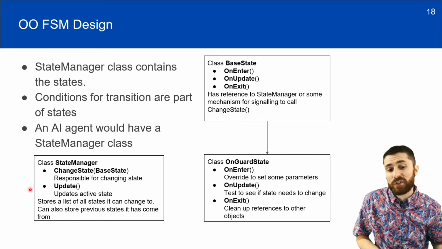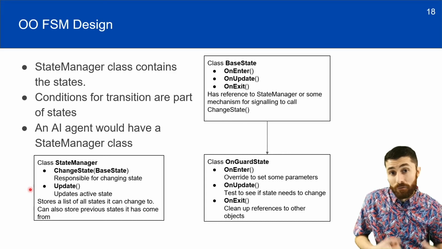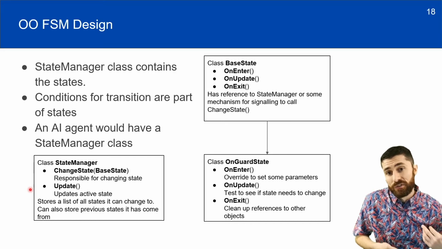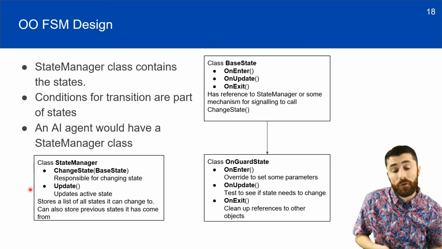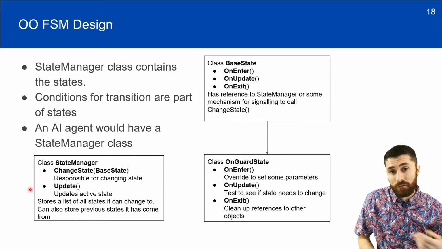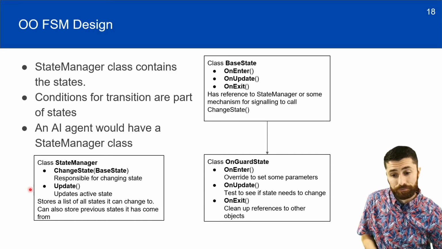It knows which state is active at this moment in time. It has a list of all the states that can be transitioned to, and therefore when a state is requesting to change to another state, you would inform the state manager to do that for you. It would then change it, update the references and so on, and therefore keep everything nice and contained and very clear as to what is going on.